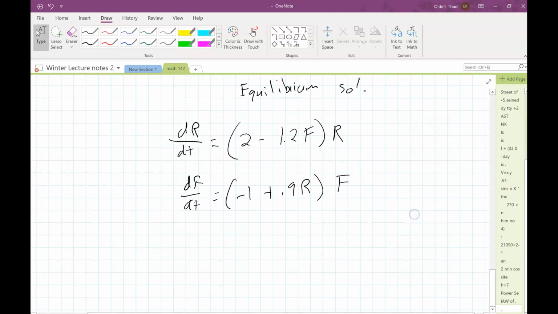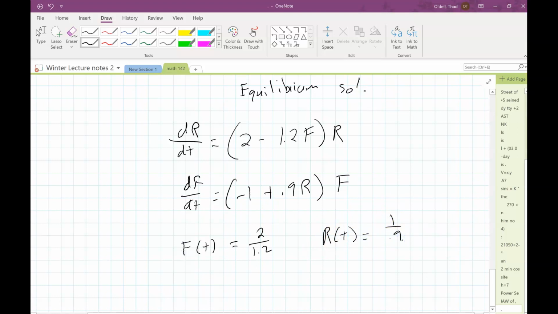And you can see another potential equilibrium solution, where f of t is equal to 2 divided by 1.2, and r of t is equal to 1 divided by 0.9.